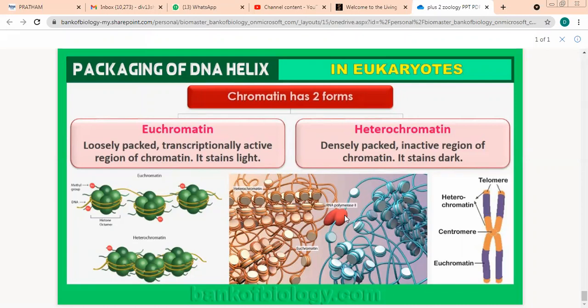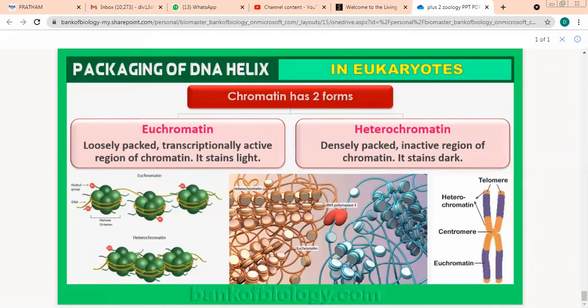Heterochromatin. Which is the active region? Euchromatin. Which one stains dark? Heterochromatin. So how many types of chromatin are there? 2.